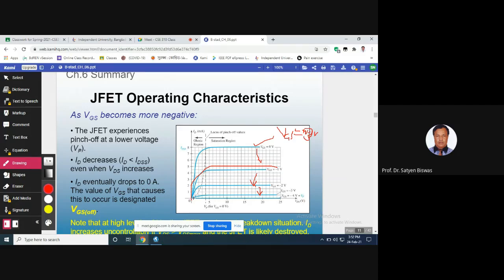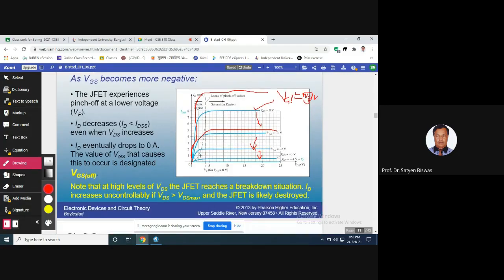It will go upward. This one, right? I have done the drawing, right? Yes, sir. And if we increase further in the positive direction, it will be even higher. So these are the characteristic curves.